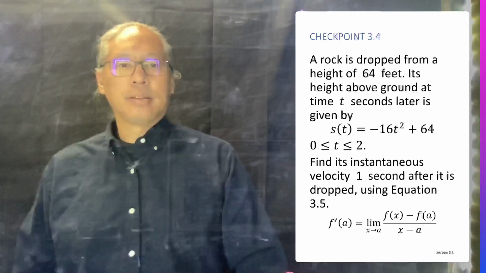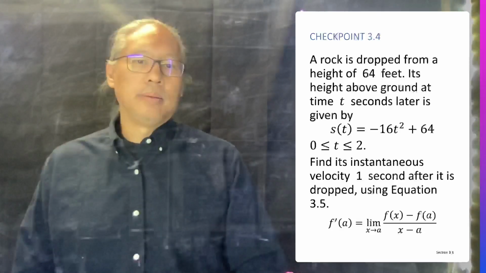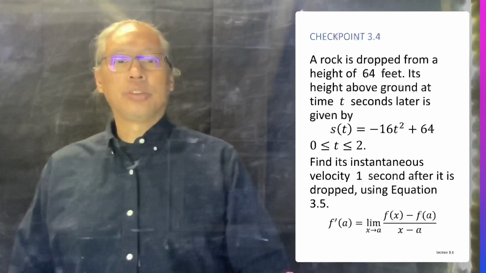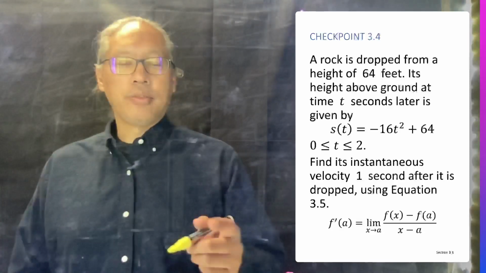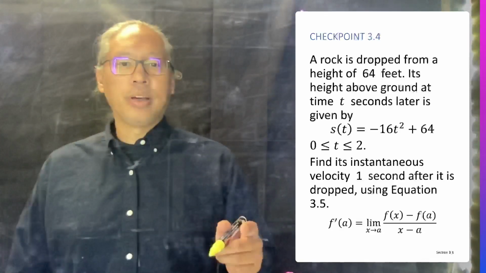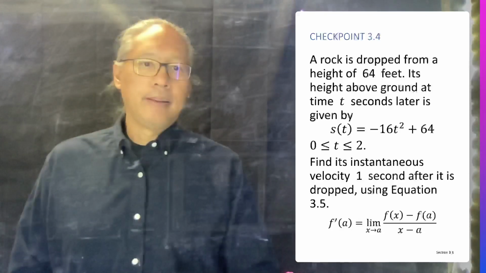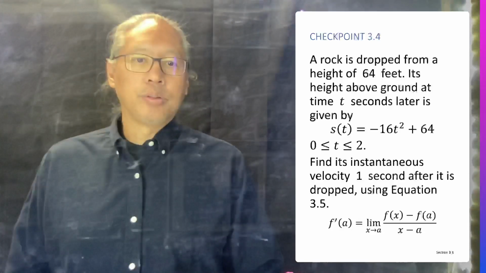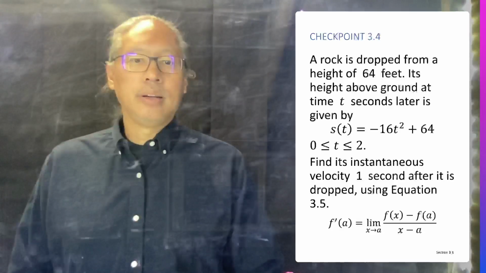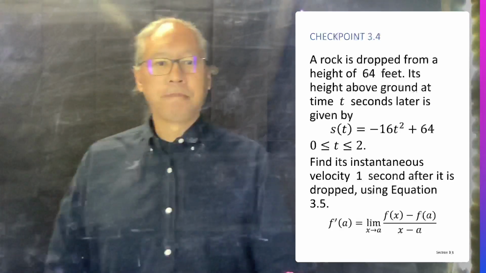Find the instantaneous velocity 1 second after it's dropped, using the equation f prime of a is equal to the limit as x approaches a of f of x minus f of a divided by x minus a.